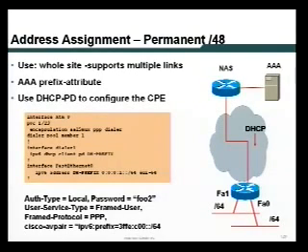Then once it has that prefix, it goes to its own interface, FastEthernet 0, and says my address is the prefix that I got, the DH-prefix, plus those extra bits up to /64, plus my interface ID, which in this case I decided to be an EUI-64 built address. Any questions on that, so DHCP-PD?